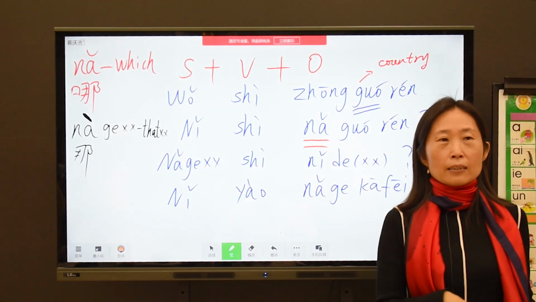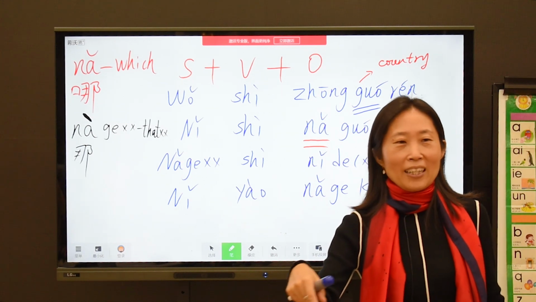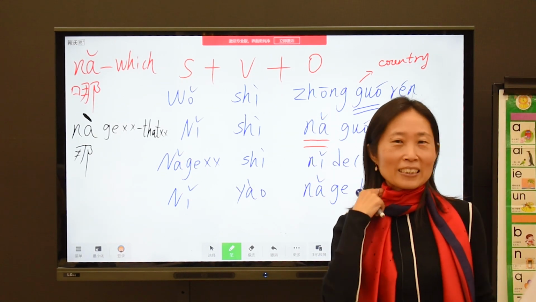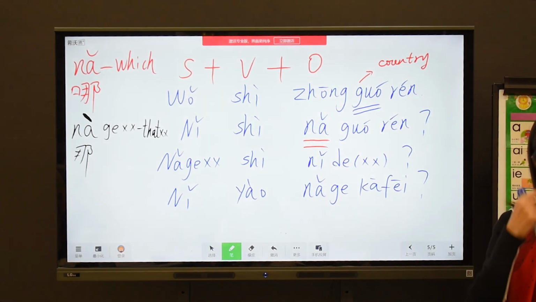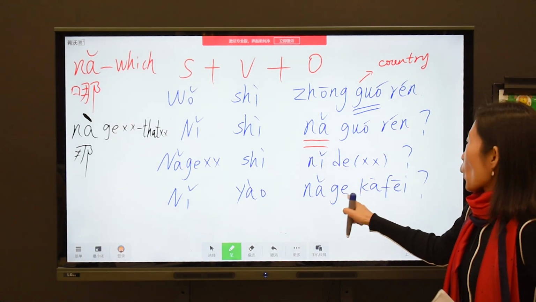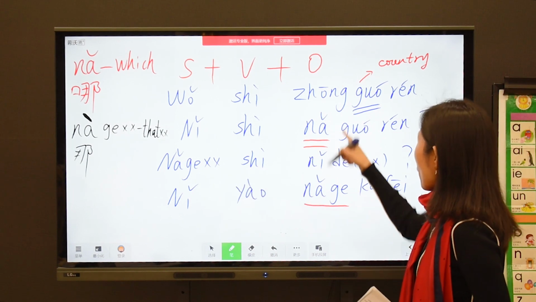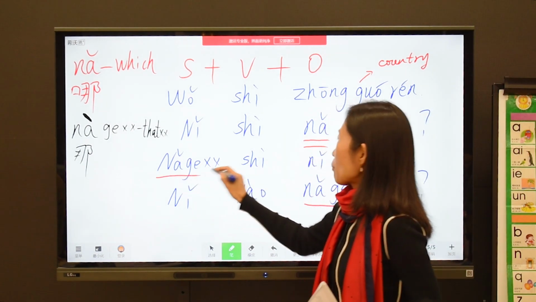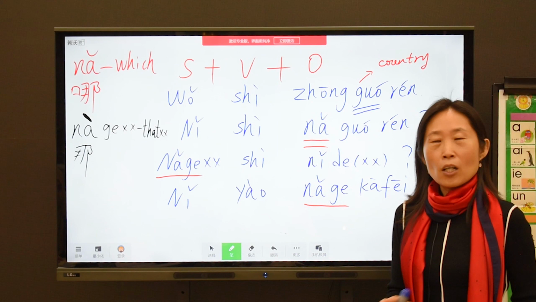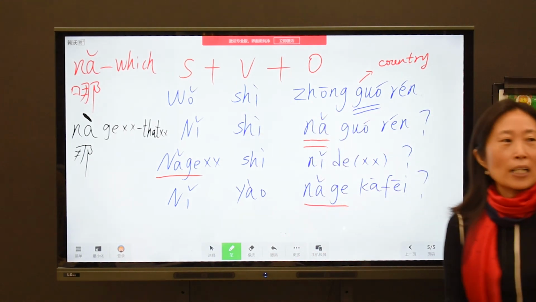Because then you answer, say 我要这个咖啡, right? Very good. Next. So again, you can see the question can be object, can be subject. We don't care because we follow this structure.